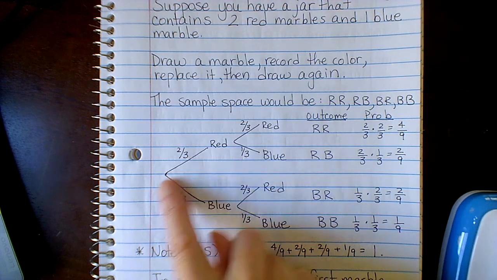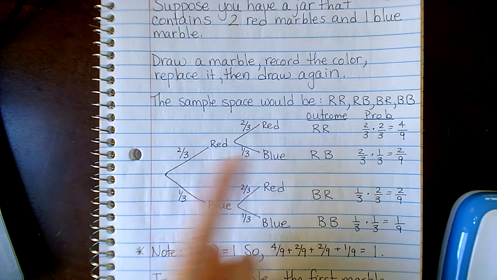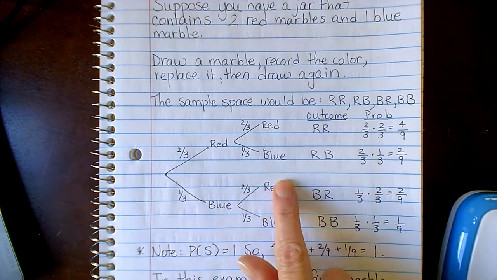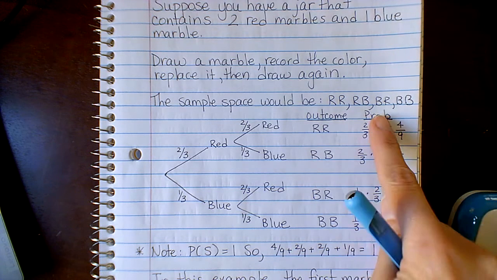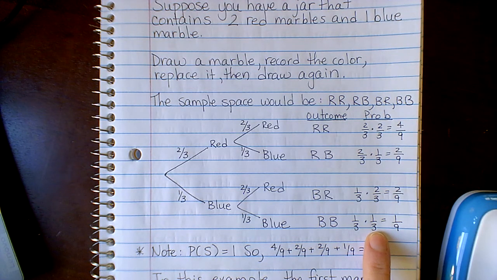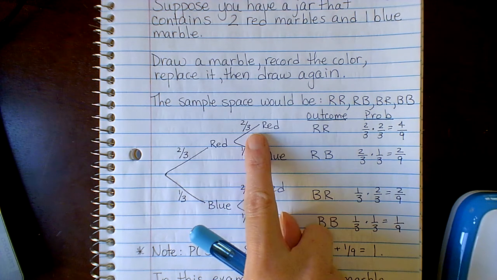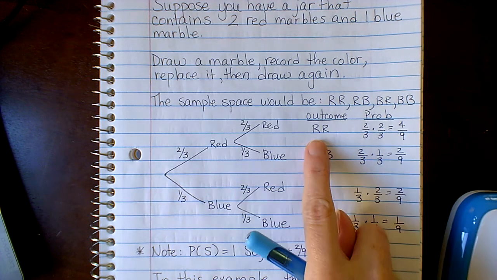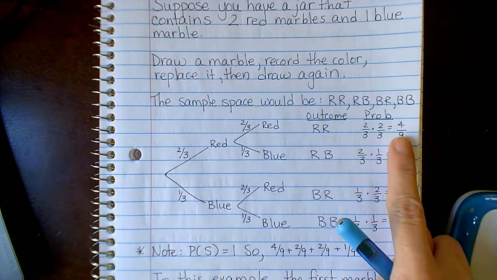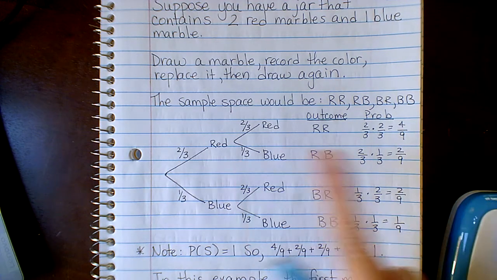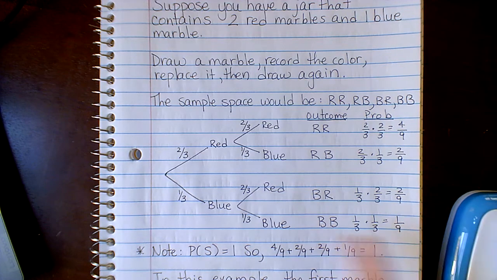So you can see my outcome is following these branches: red, red; red, blue; following this branch, blue, red; or blue, blue. So there's my outcomes. The probability to go along with those outcomes comes from multiplying the probabilities along the branches. For red, red, 2/3 times 2/3 is 4/9. 2/3 times 1/3, 2/9. 1/3 times 2/3, 2/9. 1/3 times 1/3, 1/9.